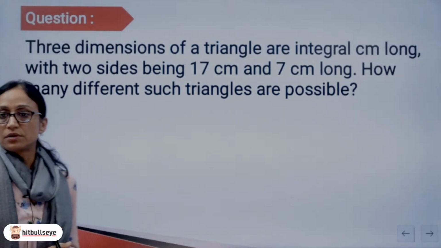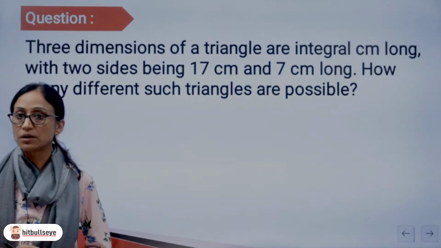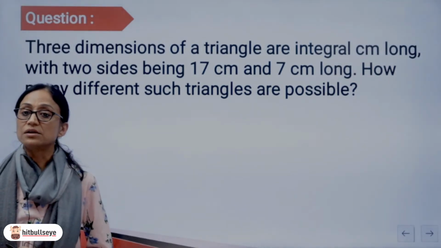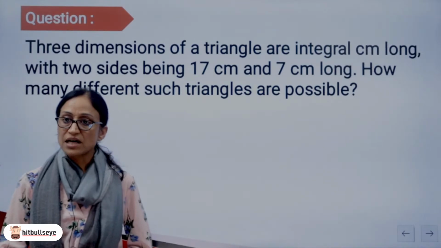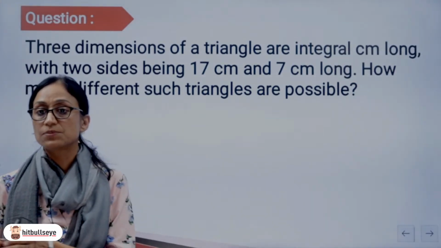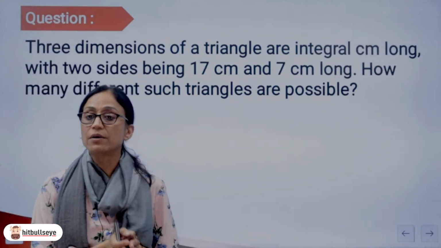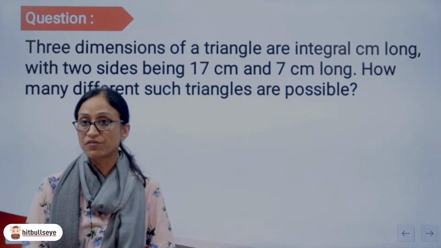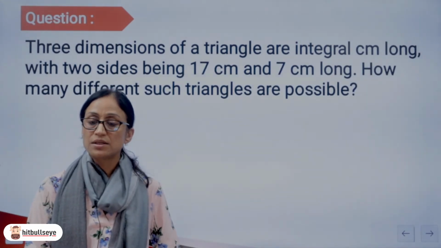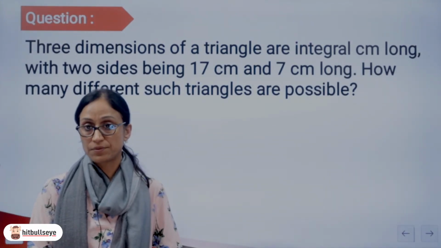This one will now look like a similar question that we have already talked about. How many triangles possible? As I've already told you, whenever the question talks about how many triangles possible, it is always going to do something with that basic criteria of creating a triangle, that is, sum of any two sides has to be greater than the third side.